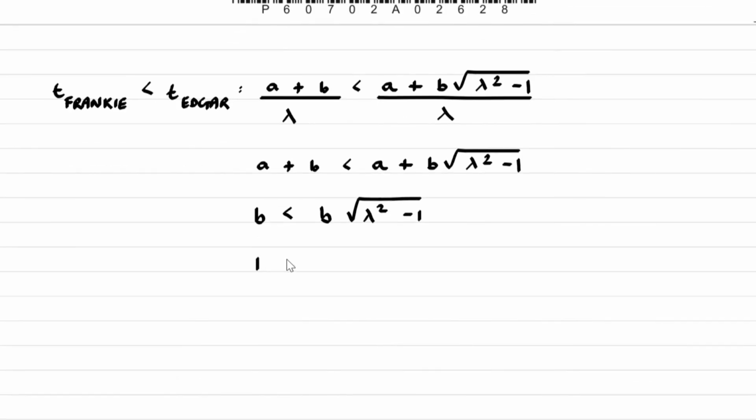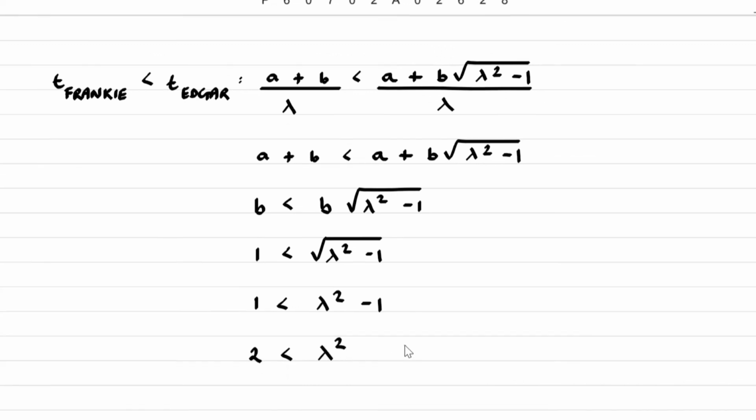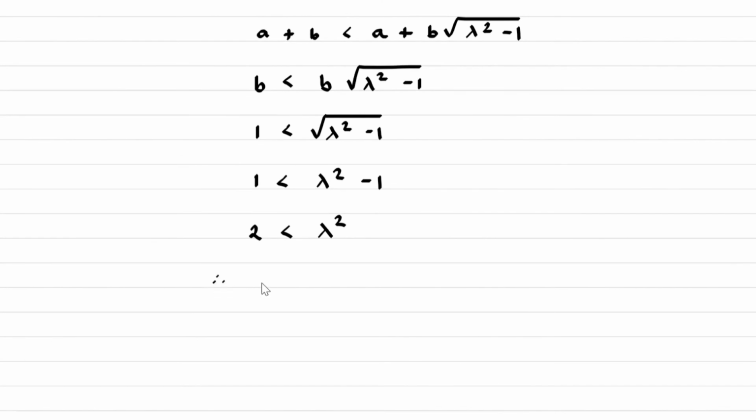So we've got 1 being less than lambda squared minus 1 square rooted. Square both sides, so we've got 1 being less than lambda squared minus 1. 2 is less than lambda squared, and therefore lambda is greater than the square root of 2 only. We need the positive solution only.